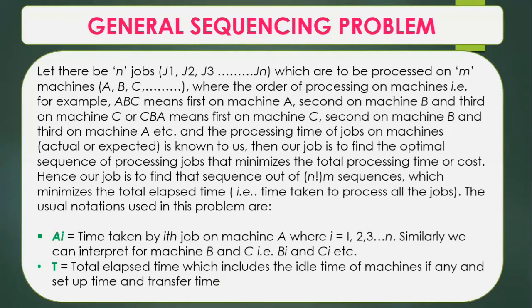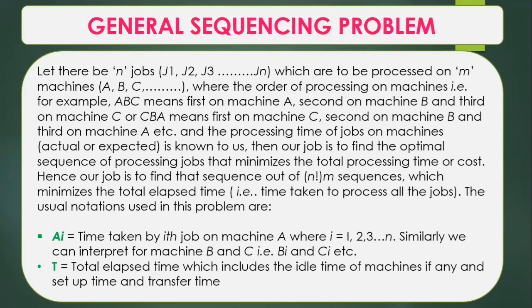Now, the next key area that I'm going to be discussing right now would be the problem or definition. So as you can see, this is our general sequencing problem. A general sequencing problem may be defined as follows. Let there be n jobs. Suppose we have job 1, job 2, job 3 until job n, which are to be processed on m machines.